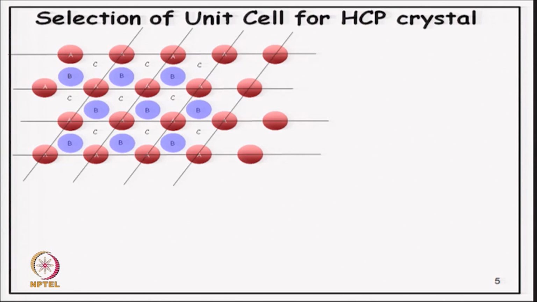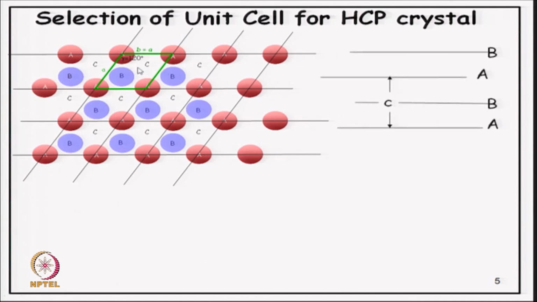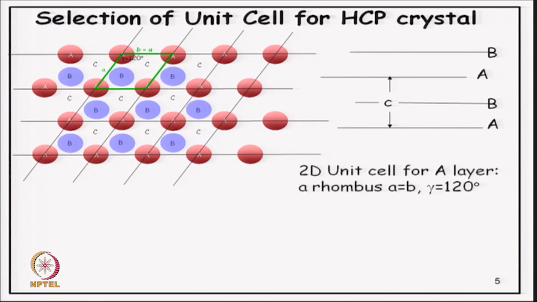Now, I superimpose a grid of lines on the A layer, joining all the A atoms. We can select a two-dimensional unit cell shown in green here, for the A layer. This is a rhombus with a equal to b, the two sides are equal.